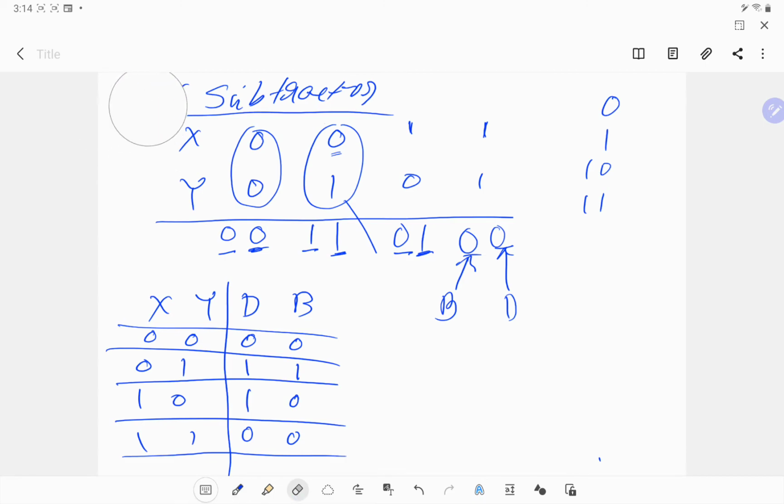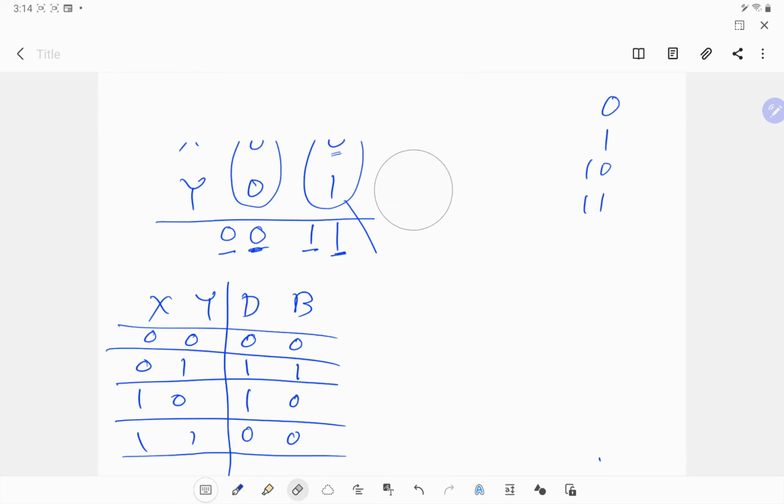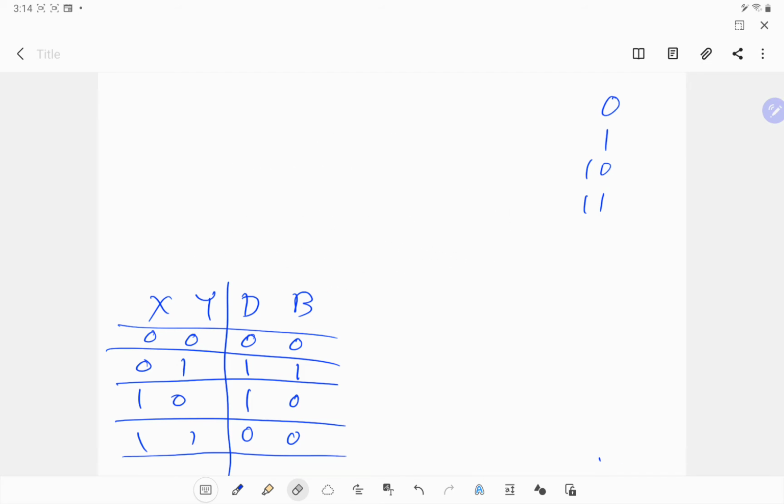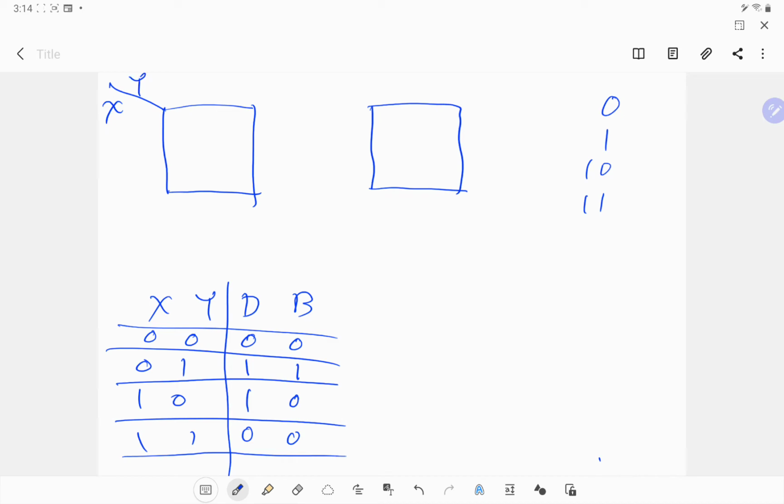Now we need to find the functions by using K-maps. So we need two K-maps, one for D and another for B, each of two variables, x, y.